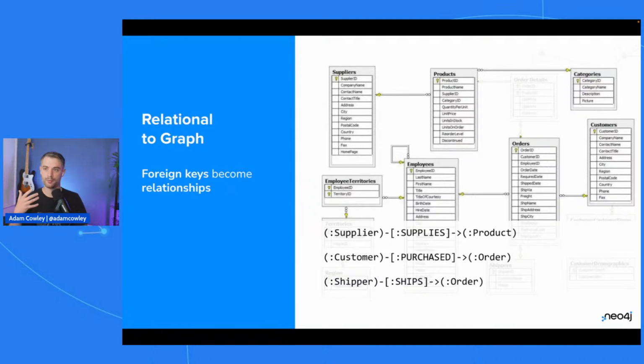And the benefit of this, instead of having a supplier ID in a products table, for example, which represents that join, is that we can use a more user-friendly, more natural term for the relationship between the two. So a supplier supplies a product, a customer has purchased an order, and a shipper will ship an order.